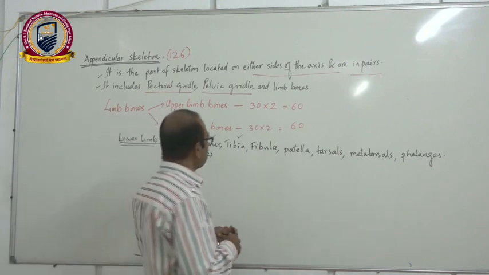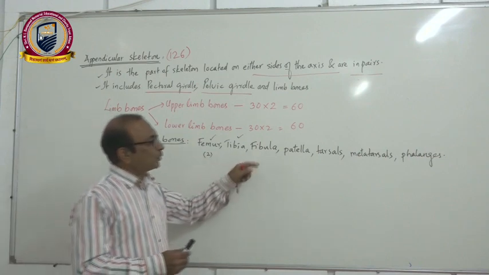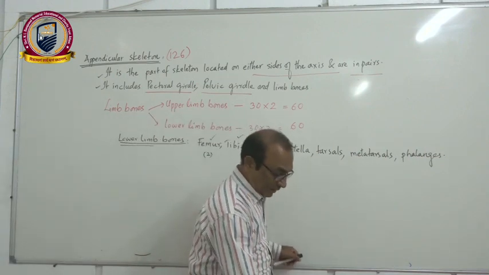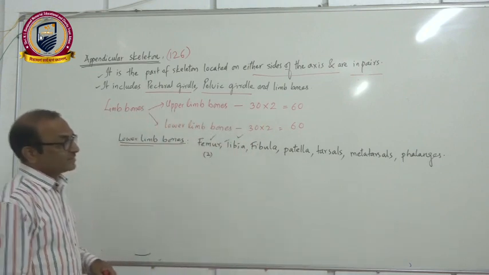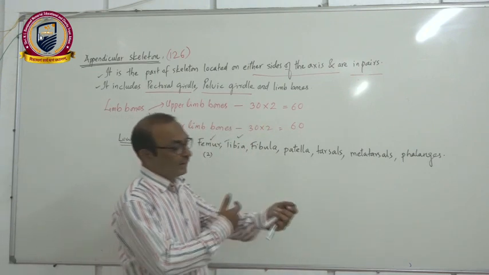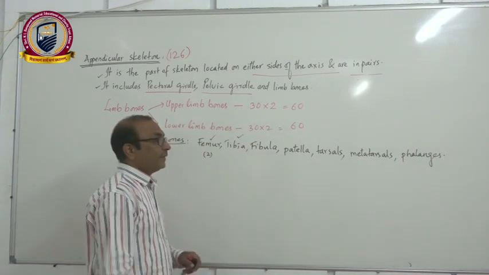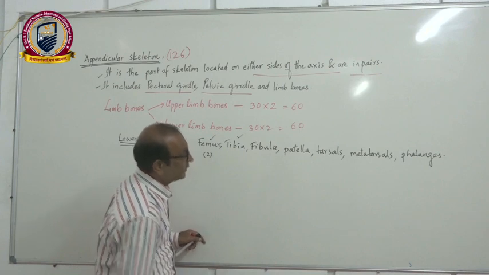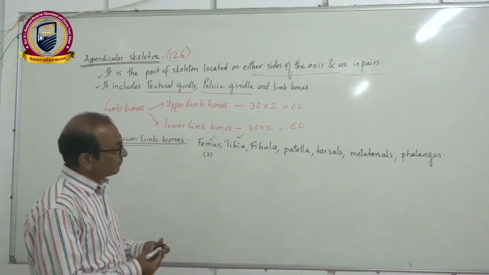Okay. Now, tibia. Tibia and fibula are the two bones in the lower leg. Just like how we have radius and ulna in the lower part of the upper limb, in the lower limb we have the tibia and fibula in the lower leg part.